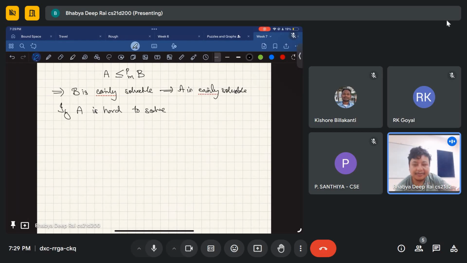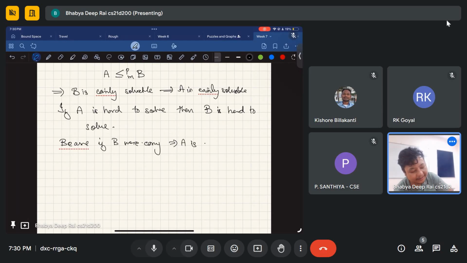If A is hard to solve, then it must be that B is hard to solve, because if B were easy, then A would be easy by this, so A cannot be hard.